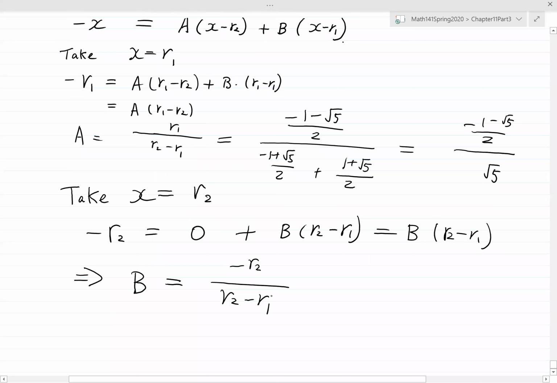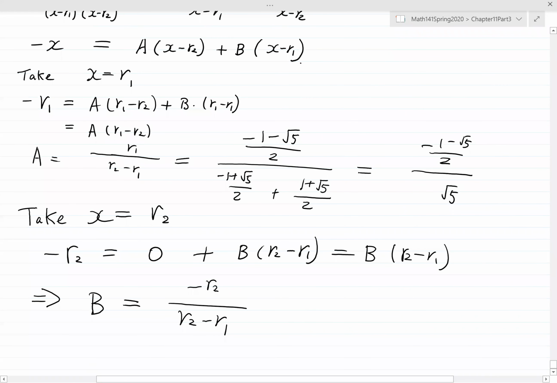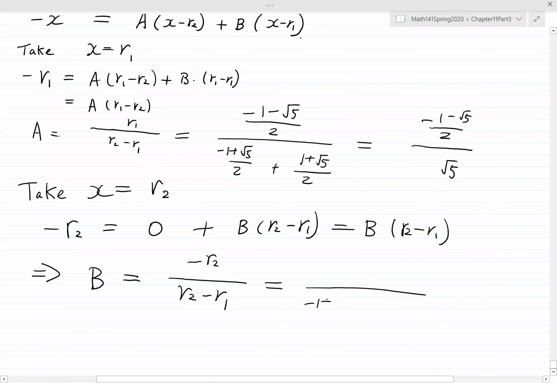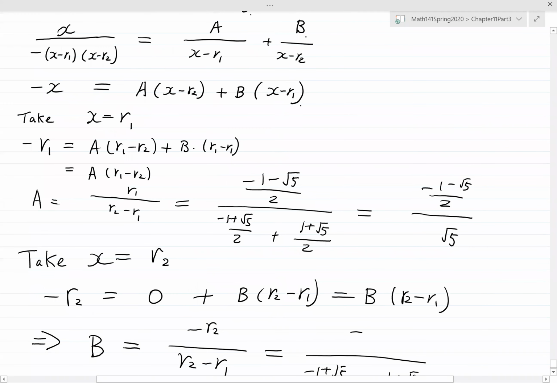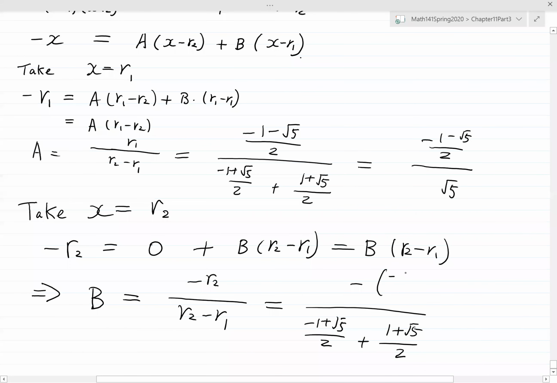Okay, so for b you substitute. Now r2 is negative... remember, what is r2? Don't lose yourself. r2 is negative 1 plus root 5 over 2.